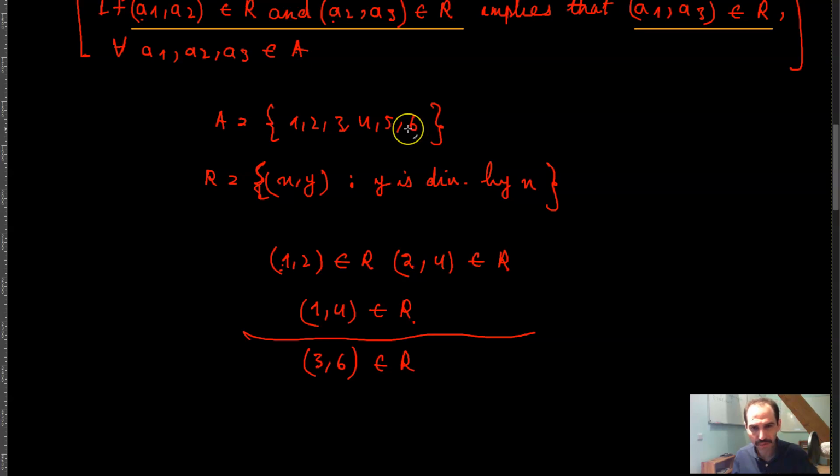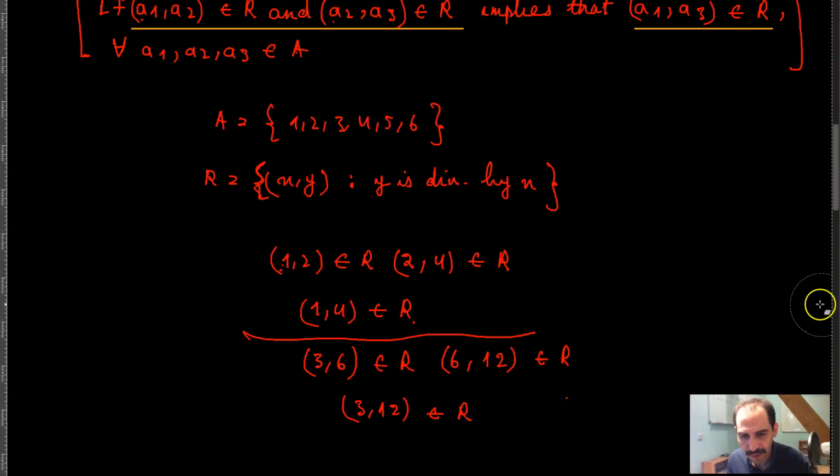So I would need, for example, some ordered pair like 6 comma 12. If that belonged to R, then 3 comma 12 would also belong to R, and then we had no problem there. But that's not the case, right?